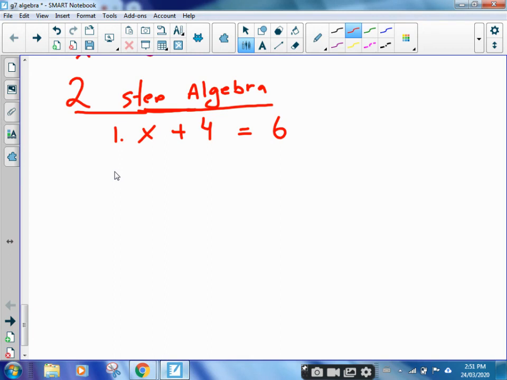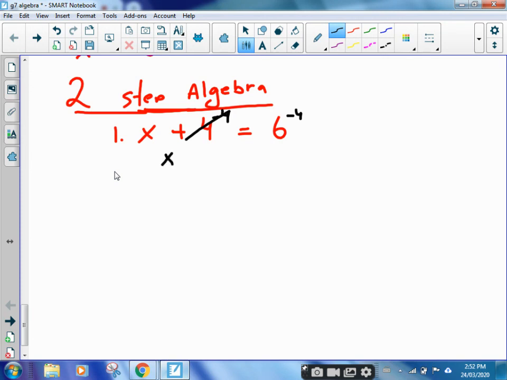So once we've identified that, we're going to get rid of the constant term in this one-step algebra. We're going to do that by subtracting, which is the opposite of addition. We're going to subtract the number 4 on both sides. When we do that, it crosses this out because 4 minus 4 is 0, and it makes it x.